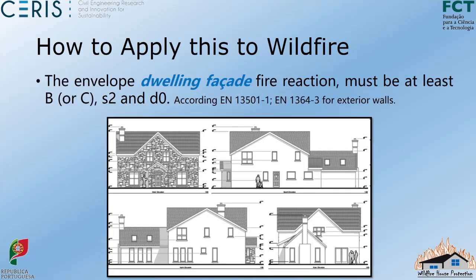The enveloped dwelling facade fire reaction must be at least reaction B or C. C is normally for the roof, although we always recommend B even for the roof. But for the openings we clearly need B, and they should also be S2 and D0 according to the European standards for fire reaction.